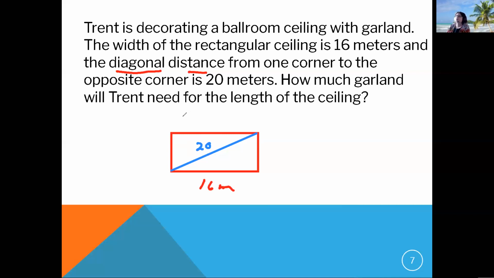How much garland will Trent need for the length of the ceiling? So they're wondering about this amount right here. And right here is your right angle. Do you see that the half makes a triangle? The letter C is 20.